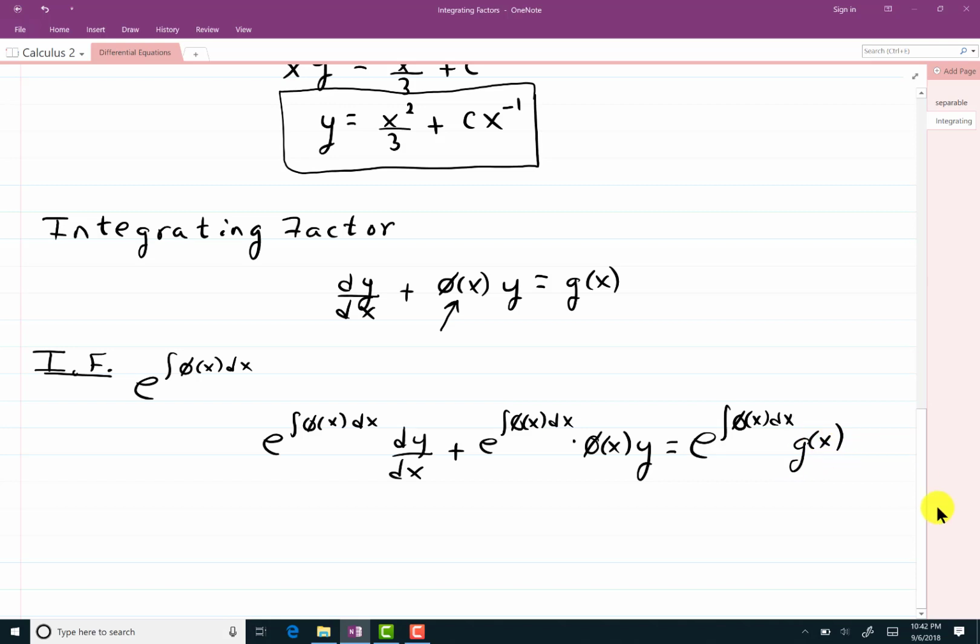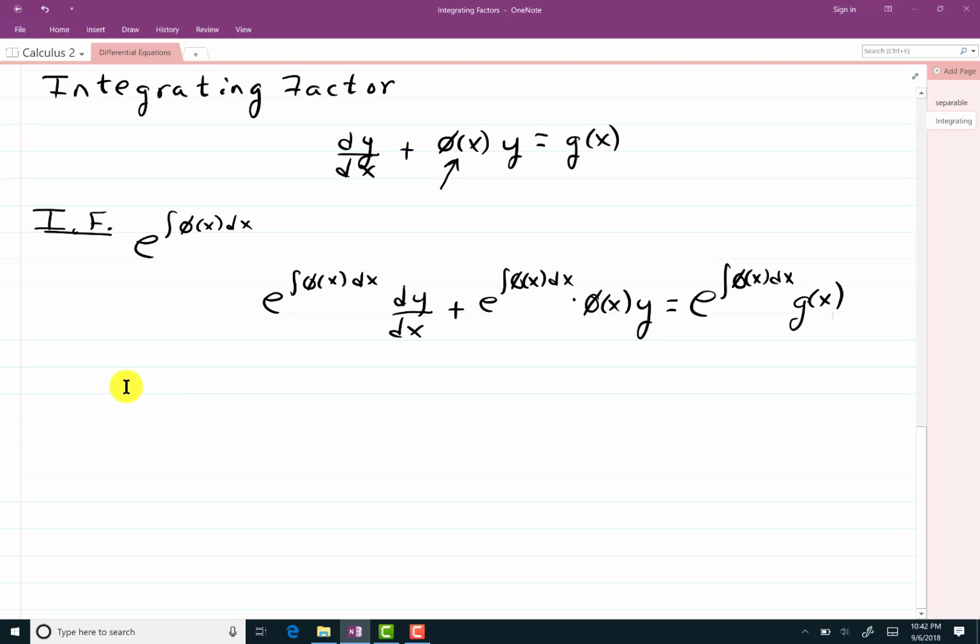Now, it's possible the right-hand side will not be an integral that you can do, but the left-hand side is. If you look at it, this piece right here now is the derivative of this piece. So here I have a function that I have not taken the derivative of times the derivative of a function, y, plus the derivative of the first thing, leaving y alone.